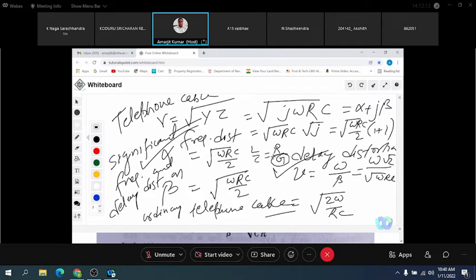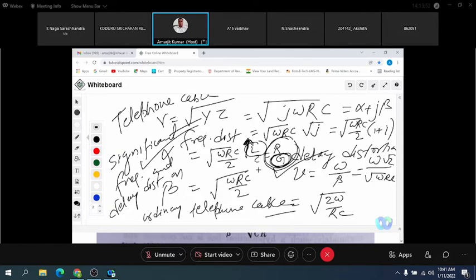So G is very small here for the telephone cable, because we have neglected G, and inductance is also small. When G is small, this value will be high, so inductance should be high.